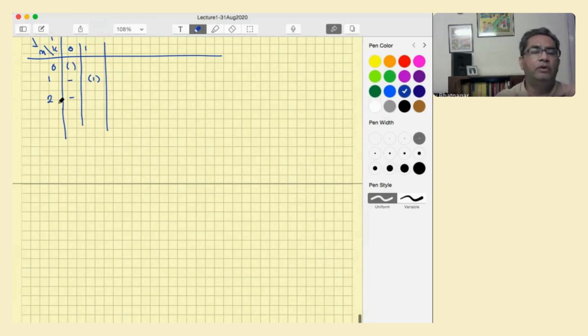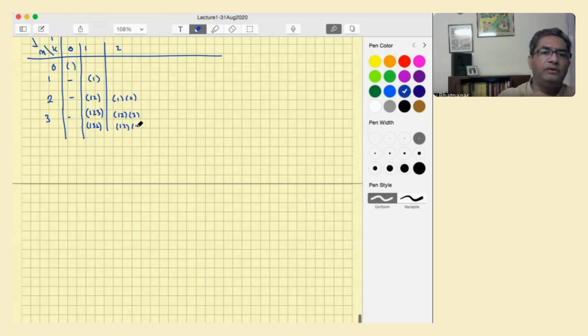So two elements in one cycle, here there is only one possibility, and into two parts, this is the only possibility. Let's try 3. Into one part, now we have multiple possibilities. Into two parts, 1, 2, and 3. 1, 3, and 2, and 2, 3, and 1.